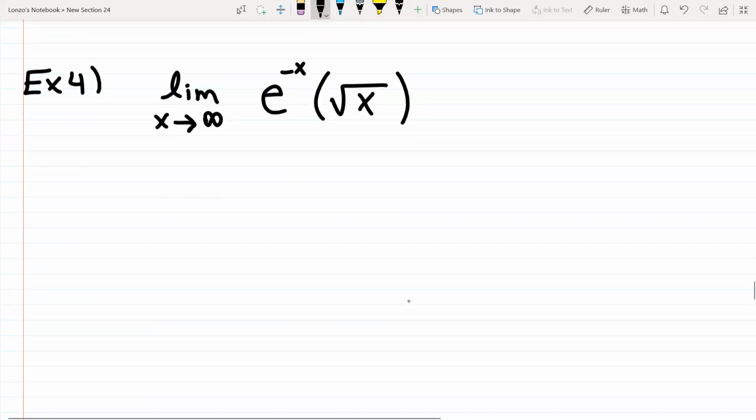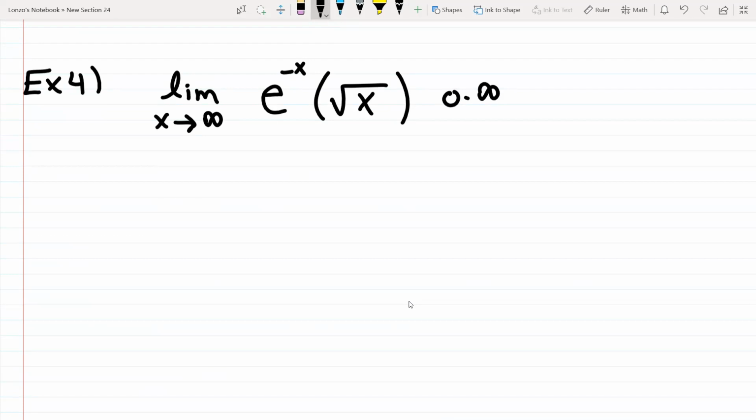Okay, let's do example 4. We have the limit as x approaches negative infinity of e to the negative x times the square root of x. If you put in infinity immediately, you're going to get 0 times infinity, right? Because e to the negative infinity is going to be 0, and the square root of infinity is infinity.